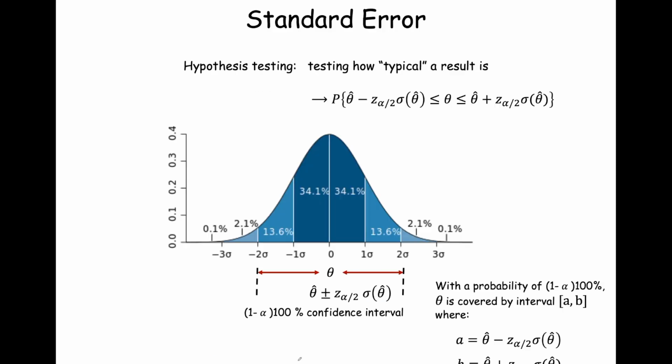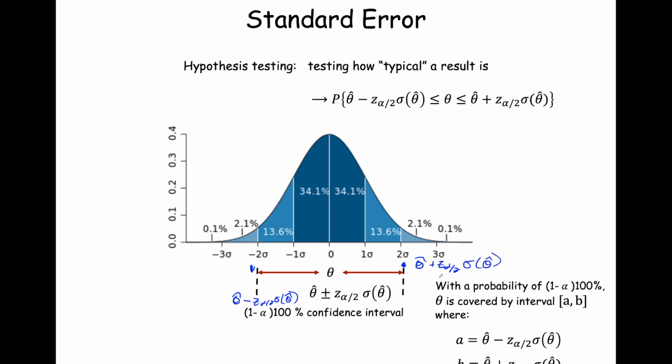And so we're going to collapse that down into a single expression, and we say our theta is going to vary between theta hat minus our z-score times the standard error of theta hat. That's on the low side, and it's going to vary between the low end and the high end, which is theta hat plus our z-score, alpha over 2, times the standard error of theta hat.